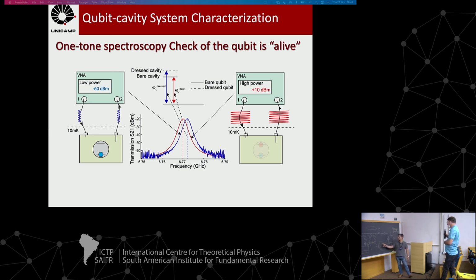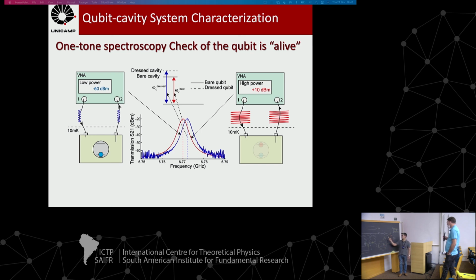Yeah, we build this to have a specific capacitive energy that, together with the Josephson energy, will give us a qubit energy around 4 to 8 gigahertz. That's what we want. We want to build this capacitor and the junction in values that will give us something around this region.